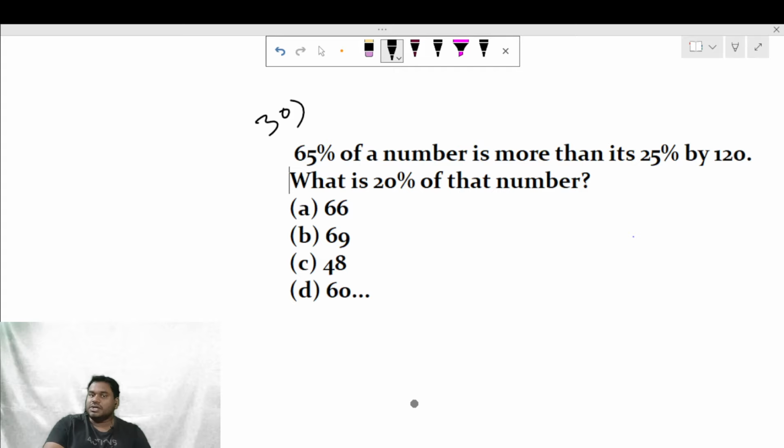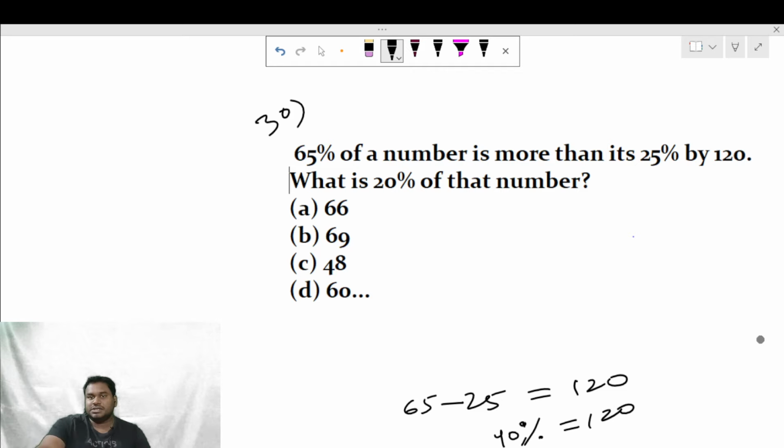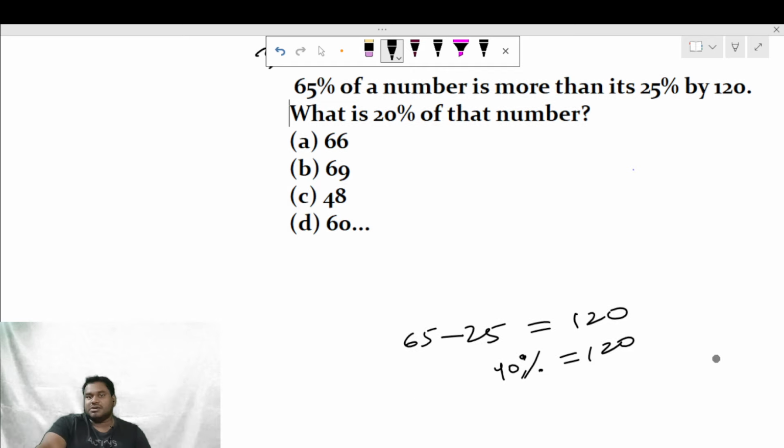So indirectly it is saying 65% minus 25% is equal to 120, which means 40% is 120. What is 20% of that number? Half of it, 60.